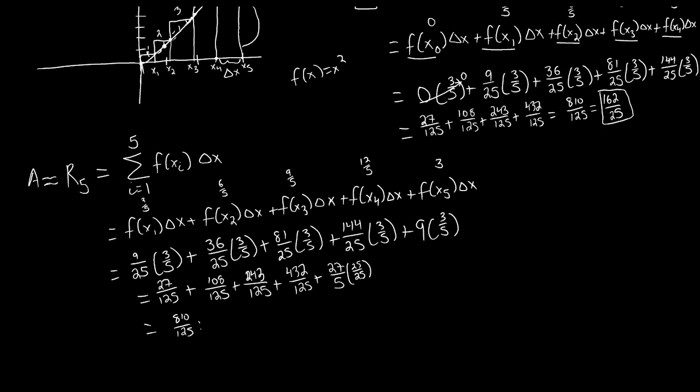Then we add this in with its new common denominator, which gives us 675 over 125, and if we add those together, we get 1485 over 125, which reduces to 297 over 25.